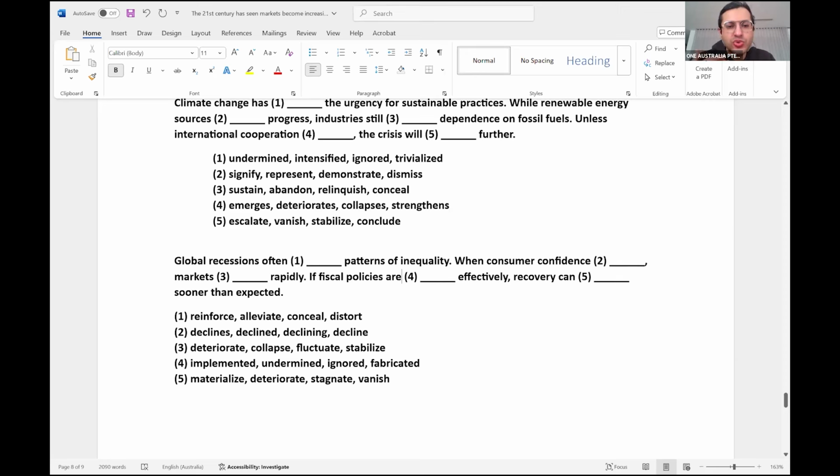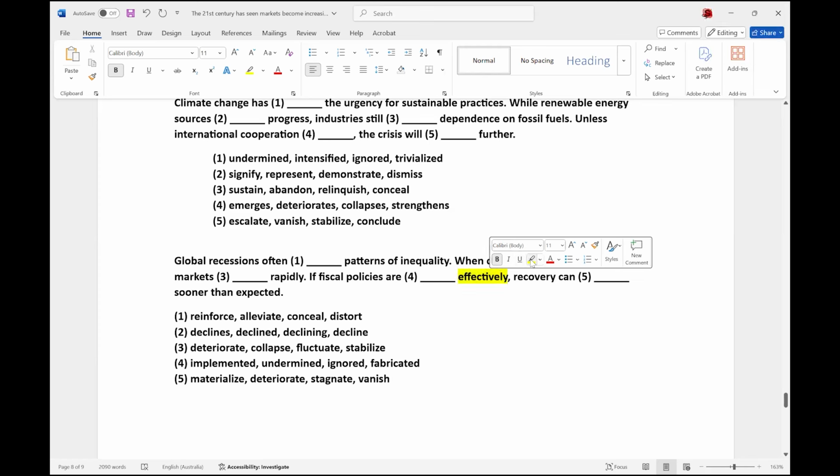Recovery can dash sooner than expected. So basically, if something positive is happening, again, you need a positive word. Effectively is positive, right? Does everybody agree?